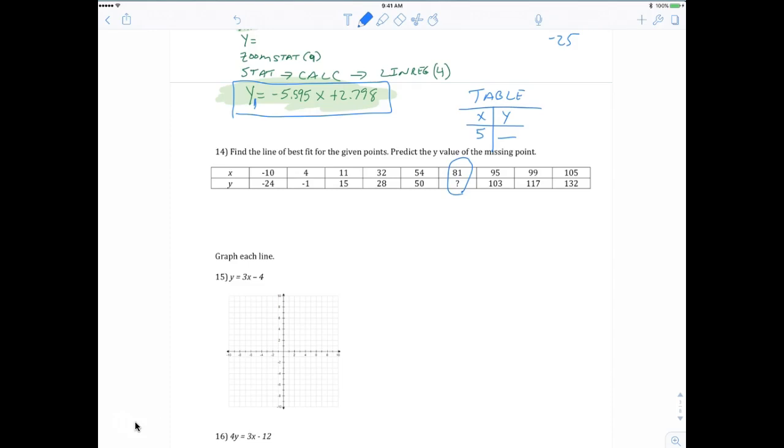Is it possible for us to put 81 in if we're doing the next one? No, because it doesn't have a corresponding y. That's why there was an error. The calculator was trying to plot 81 something, but it couldn't because you didn't tell it what to plot. That's why the error came up. Is everybody good on that? All right, let's get to work because I feel we're behind.